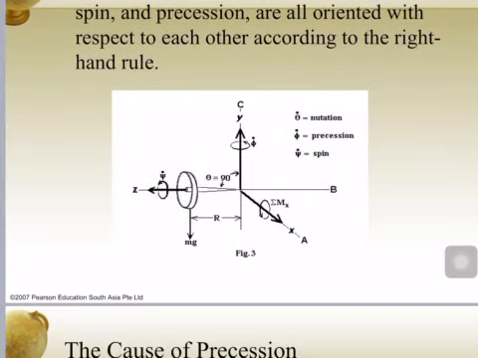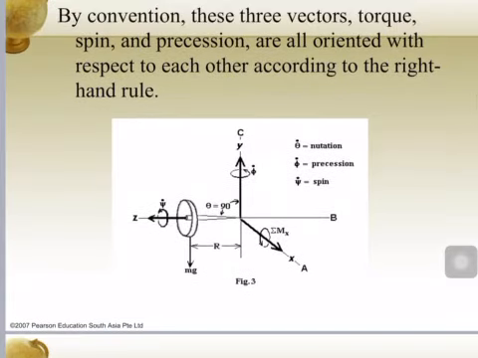I want to remind you that we have three angles that we are considering, or three axes: X, Y, and Z. Looking at here, for X it is the nutation, for the Y axis it is the precession, and finally the axis of the disc of the gyroscope is the Z axis, which we call spin.